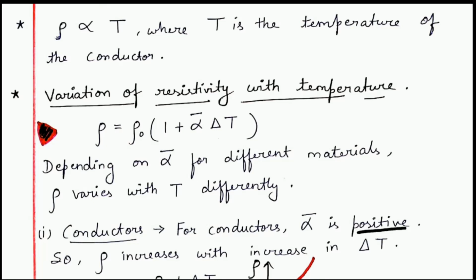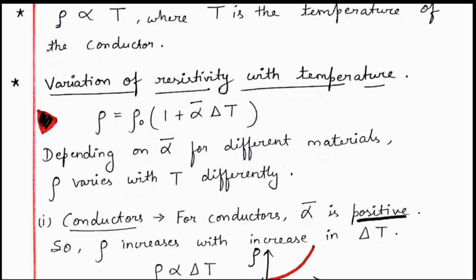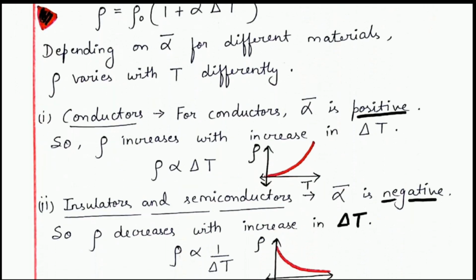For example, if alpha bar is positive, then if you increase delta T, rho is going to increase. If alpha bar is negative, if you increase delta T, rho will decrease. So for conductors, alpha bar is positive, that is, if you increase temperature, resistivity is going to increase as well.